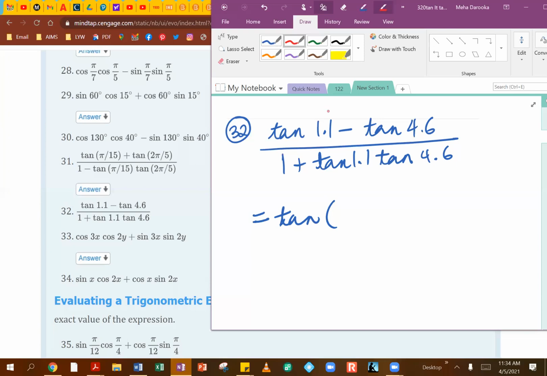So the first angle is u, the second angle is v. So when you put that in the formula, when you do u minus v, that's going to be 1.1 minus 4.6. So what does your final answer end up looking like here?